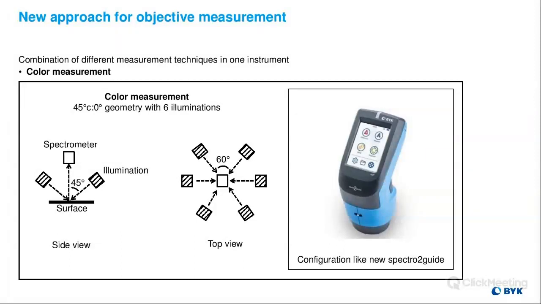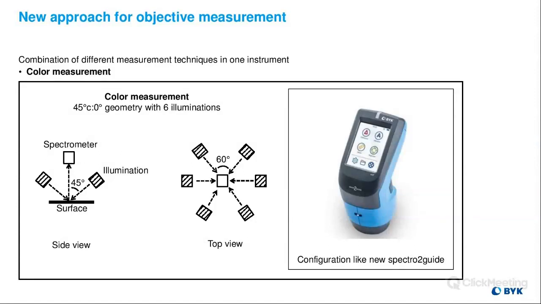But of course, that's not always the case in real life. Sometimes we do have a need to measure grainy materials. And so this instrument does come with a 45/0 spectrophotometer built in, just like with our Spectra2 guide. It has the same technology, the same very precise, repeatable color technology that our Spectra2 guide has.